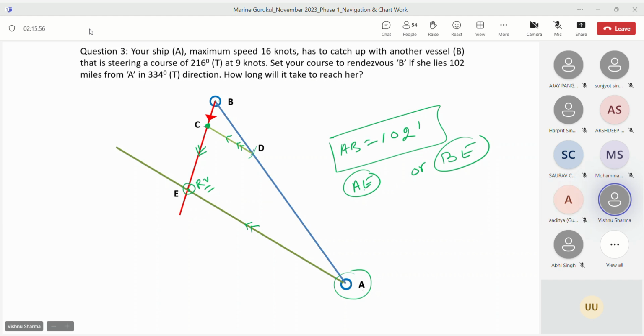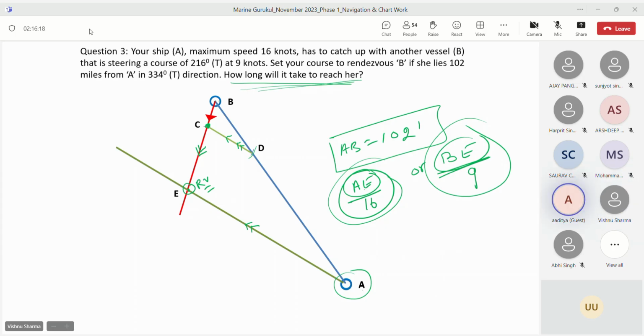AE is the distance to be made good by the own ship. Speed made good by the own ship is 16, so divide by 16. If you are using the target, speed divide by 9. These will be the steaming time, and that will give you how long it will take to reach her, right, beta? Yes or no?